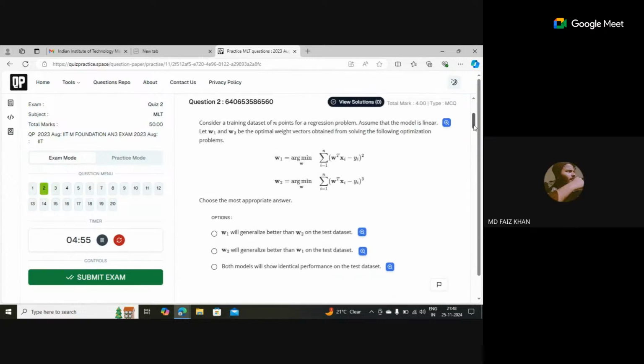The best linear model: square is better than cube. Why, ma'am, is square better than cube? Due to the model being linear.